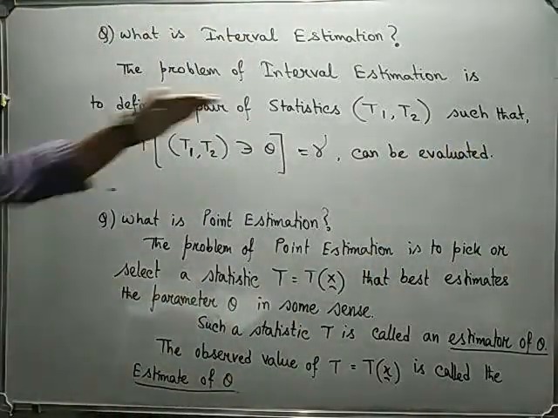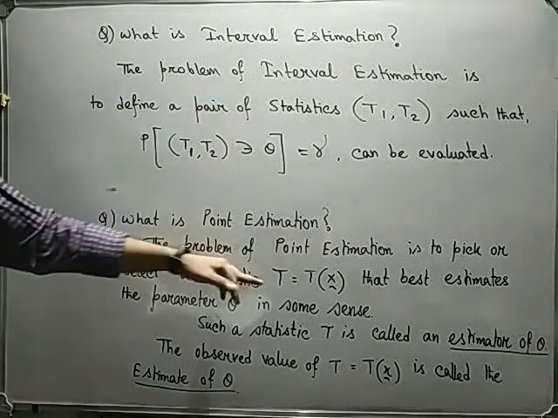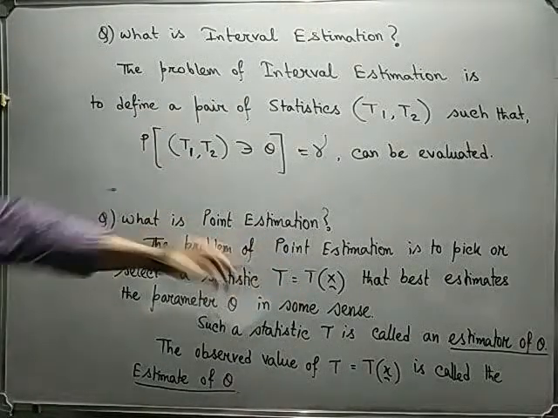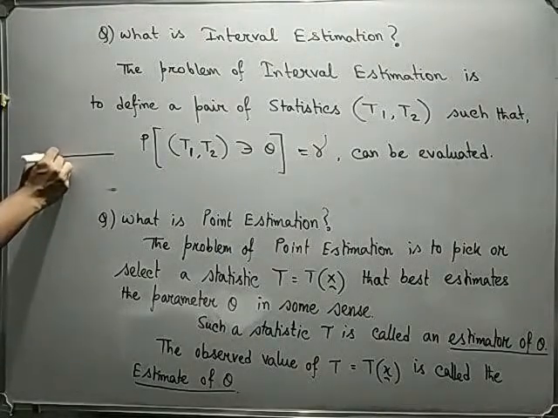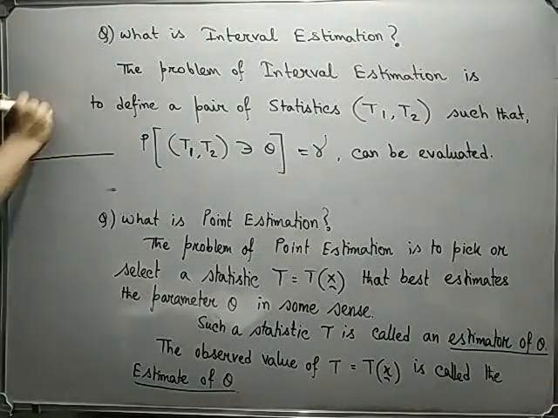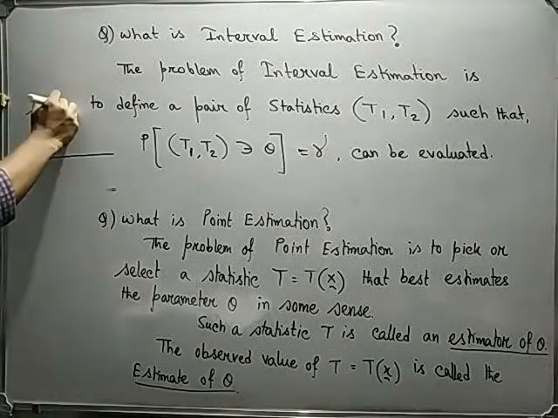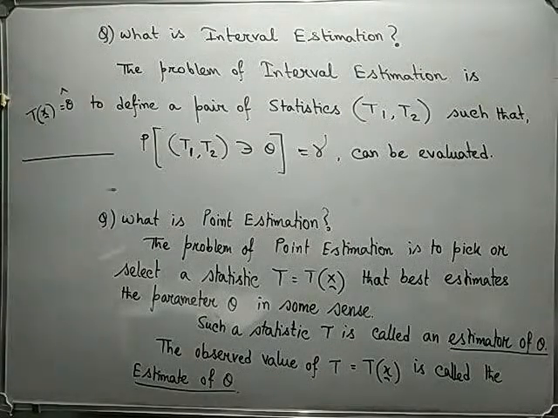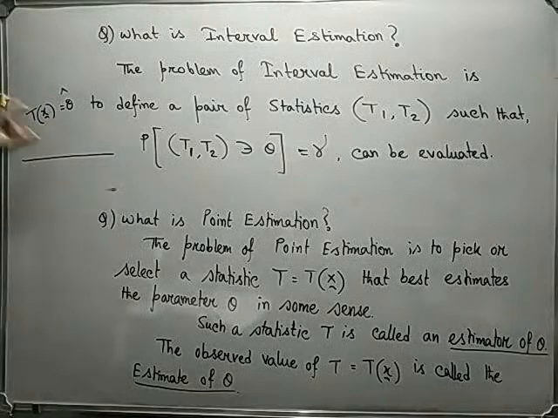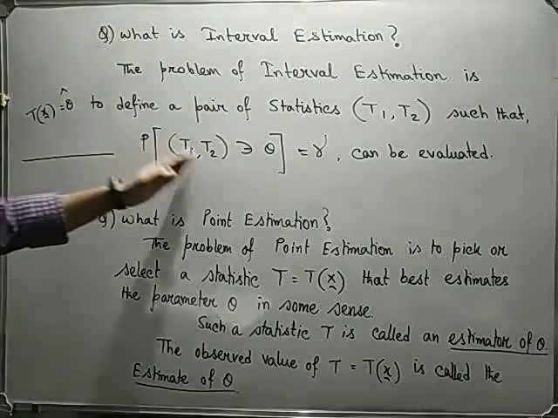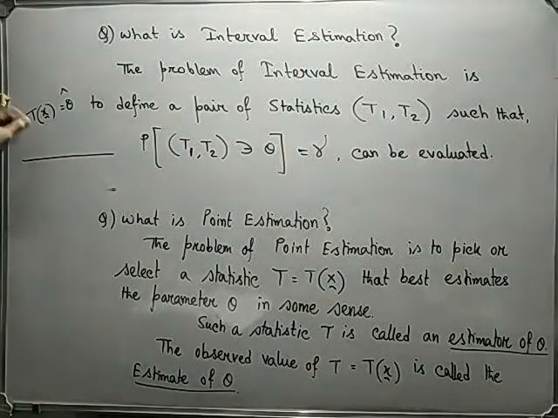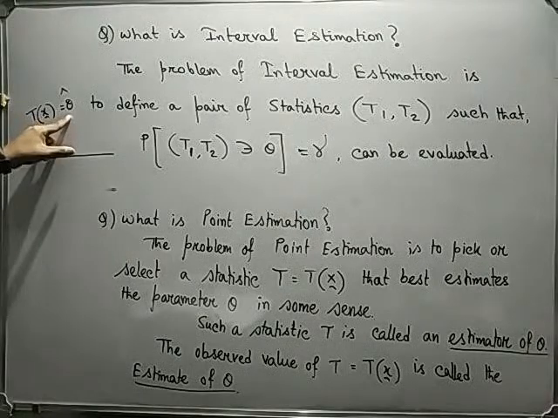Now, what does that mean and how does it differ from point estimation? For point estimation, we can get the value, let's say capital T of small x skull, which can be thought of as the estimator or the estimate of theta. In interval estimation, we cannot get a particular point which can be used as an estimator of theta.